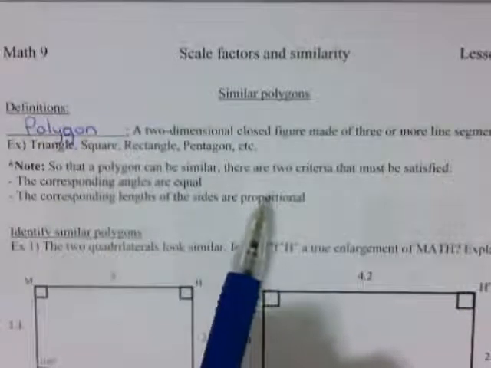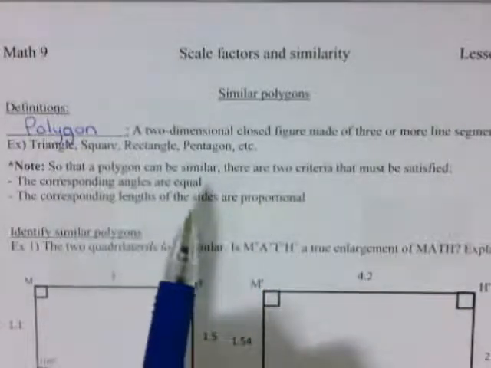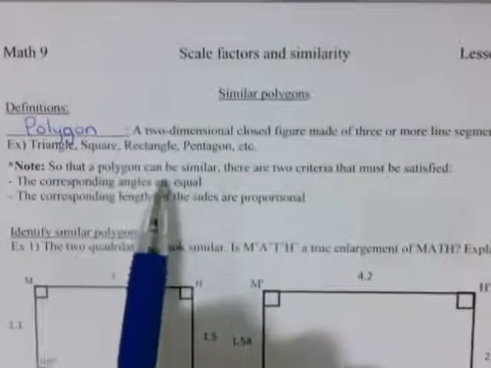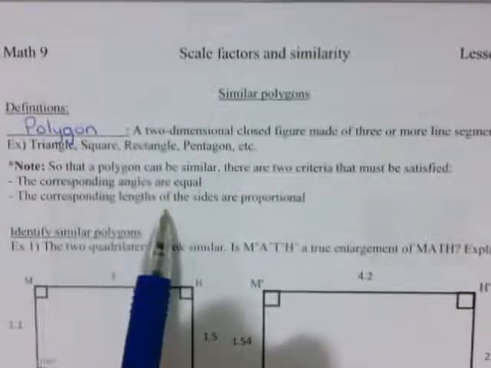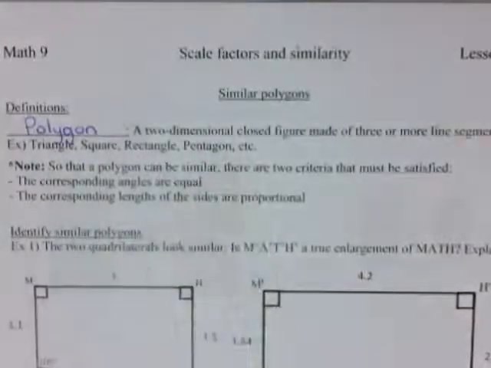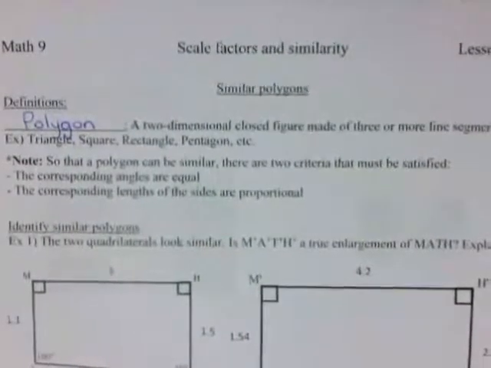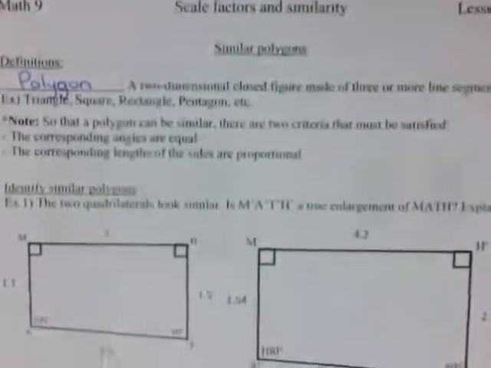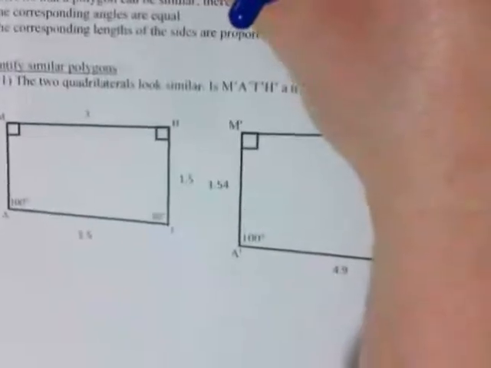However, with a similar polygon of 4 sides or more, you have to prove both of them. That's the big difference between a similar triangle and the rest of the polygons, so anything of 4 sides or more.